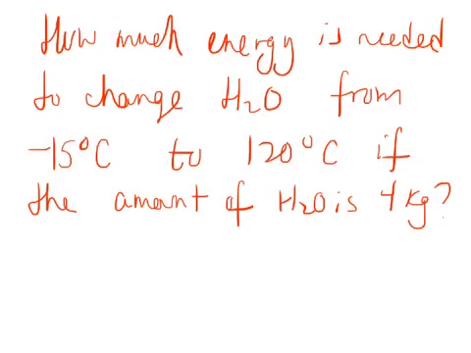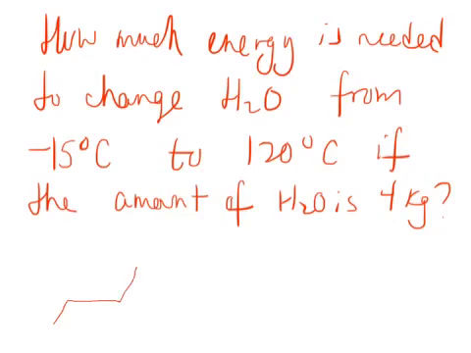We have to think about the fact that we're going from negative 15 Celsius, and we have to recognize what that is. Well, since 0 is the freezing point of H2O, that means that this is ice. And this here is above the boiling temperature, so this is gas. So if we think about it, we're going through all the stages. We're going to start as ice. We're going to melt into water.